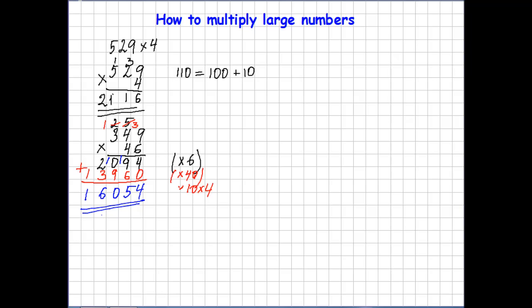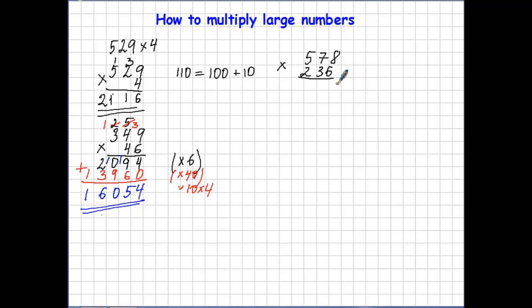Now let's multiply even larger numbers. Say 578 multiplied by 236. We will multiply this number following the same procedure.